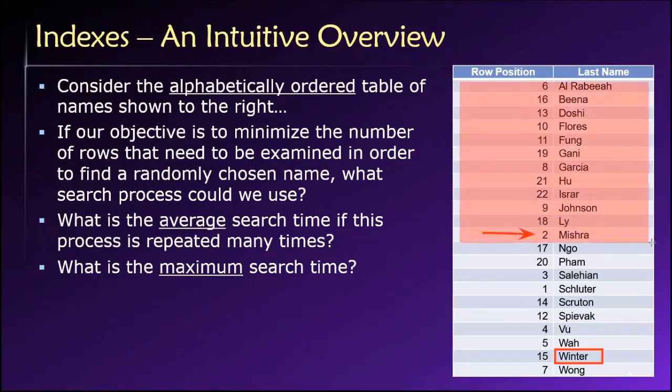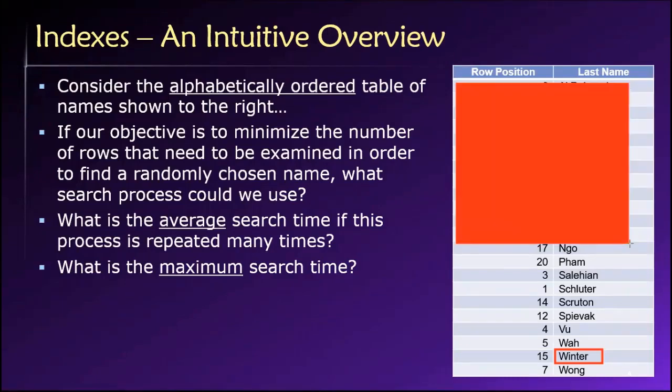So I know that the location of the name I'm looking for is somewhere in this remaining set. These no longer exist, because if the one that I was looking for is not it, it must be later in the table, because it's alphabetized. So the answer I'm searching for must be among these remaining sets.